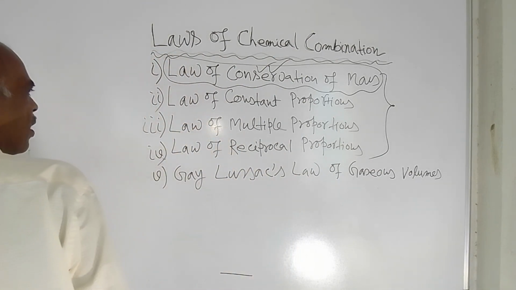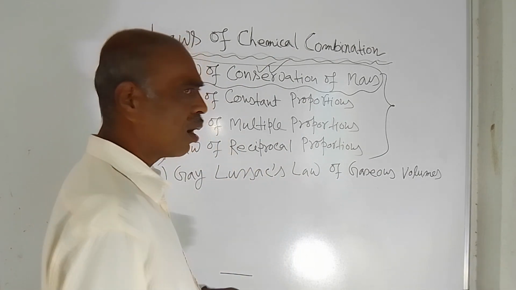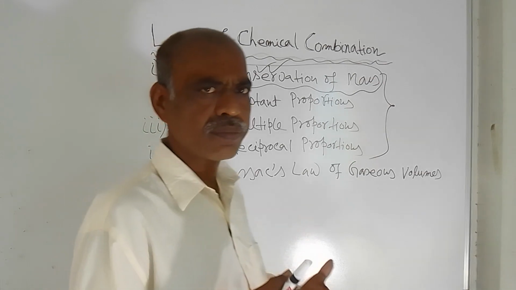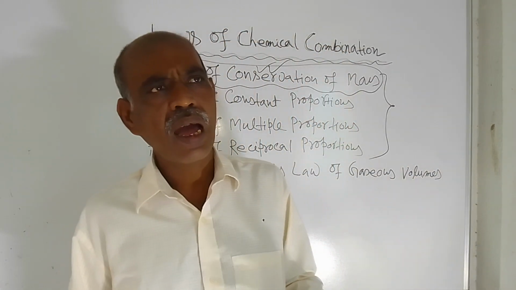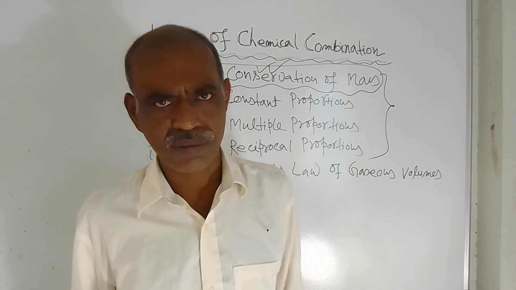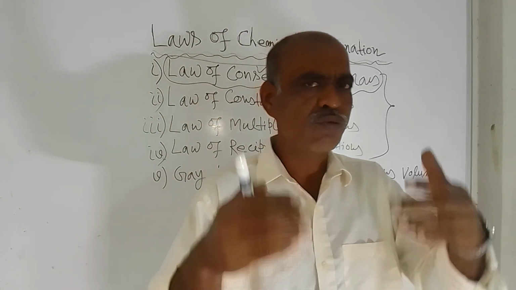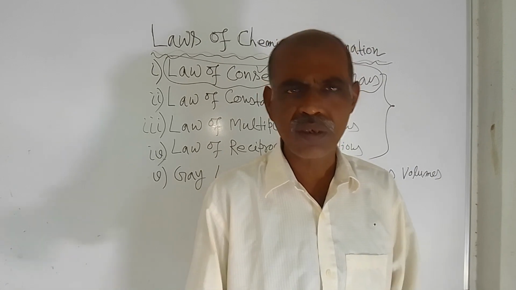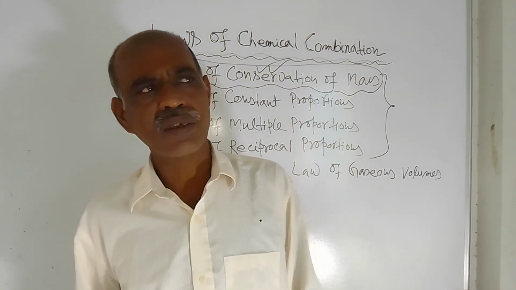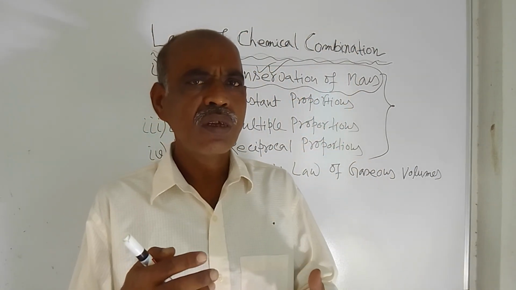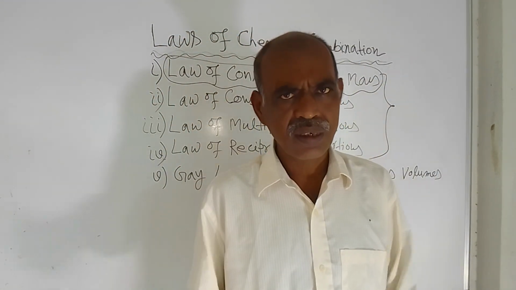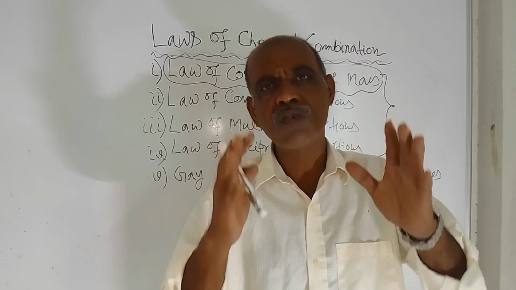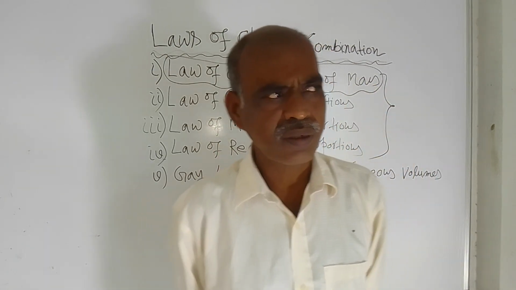For example, I am showing you, if you take an aqueous solution of sodium chloride and silver nitrate, then after the reaction you will find sodium nitrate and silver chloride. You will get a curdy precipitate of silver chloride.